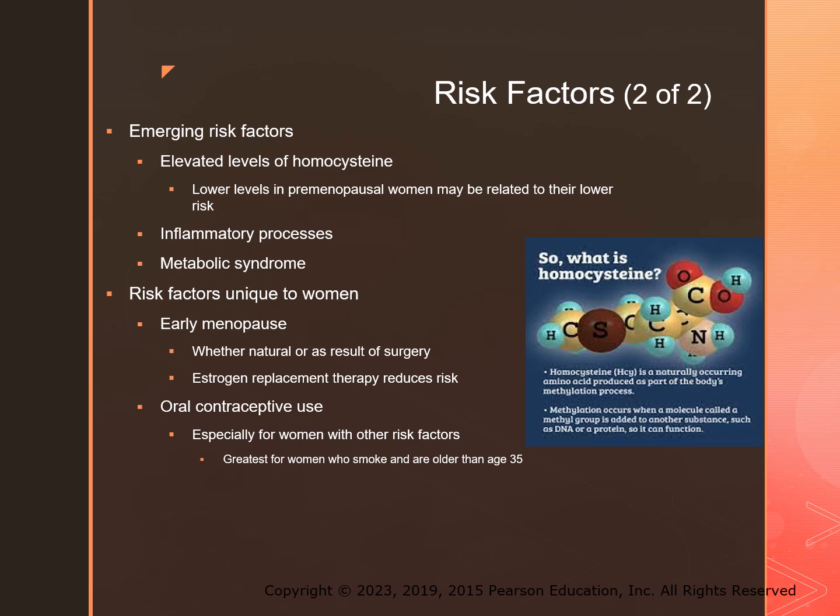Large waistline, 40 inches or greater in males and 35 in females. High triglyceride levels, 150 or greater. Low HDL levels, less than 40 for males and 50 for females. And again, I do want you to know your LDLs and HDLs and cholesterol levels.